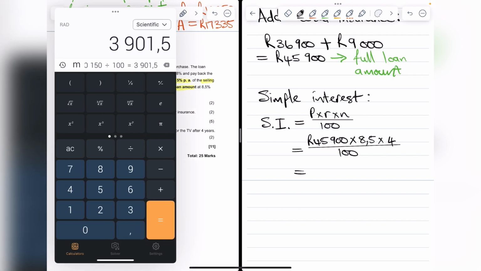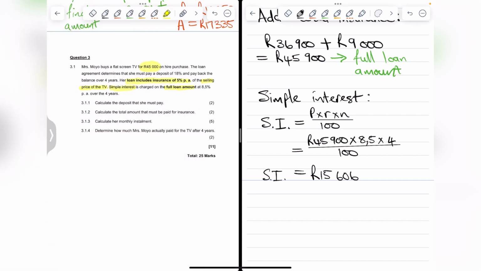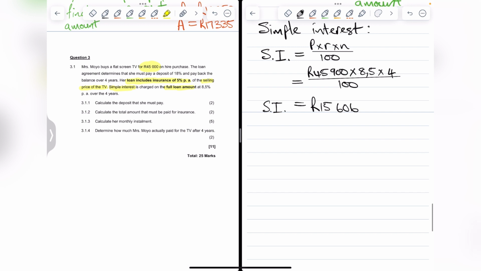And that then gives us, let's have a look, multiplied by 4 and then divided by 100. That gives us simple interest of 15,606 Rand for the 4 years.